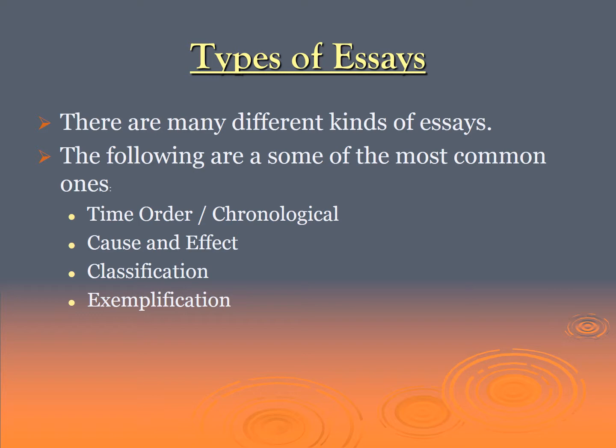The pattern of organization of a paragraph tells you what type of paragraph it is. You find the main idea sentence, and it will tell you what type of paragraph it is. However, the pattern of an essay or the type of essay follows the same rules. You find the thesis statement, and based on the thesis statement, you'll know what type of essay it is.